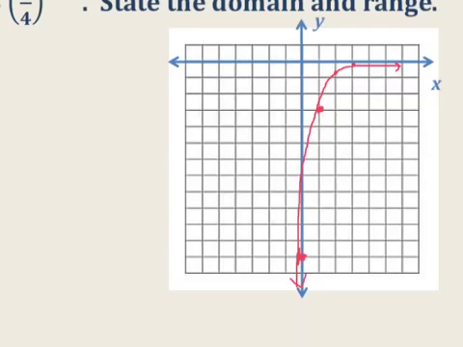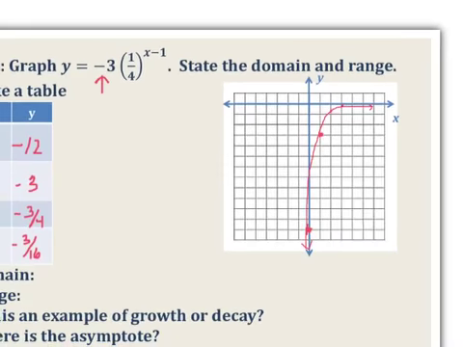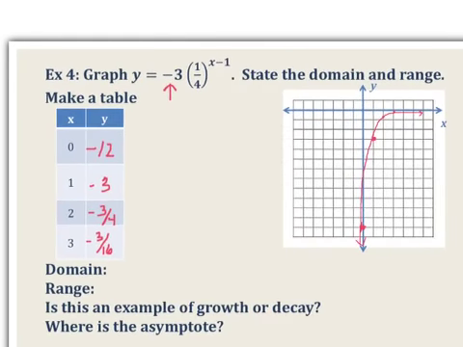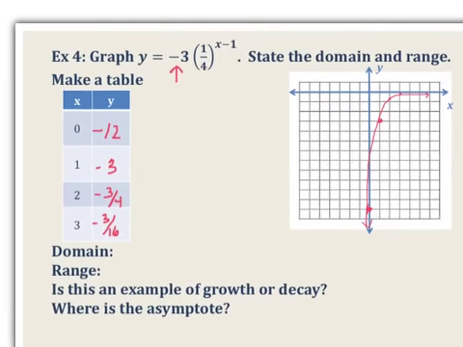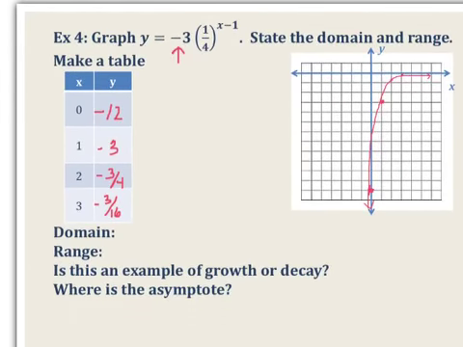This one is not translated up or down because I don't have any values adding on to my function this time. So now my domain, it's still all real numbers. I'm just going to write the R. The range this time, though, look at what the y values are.